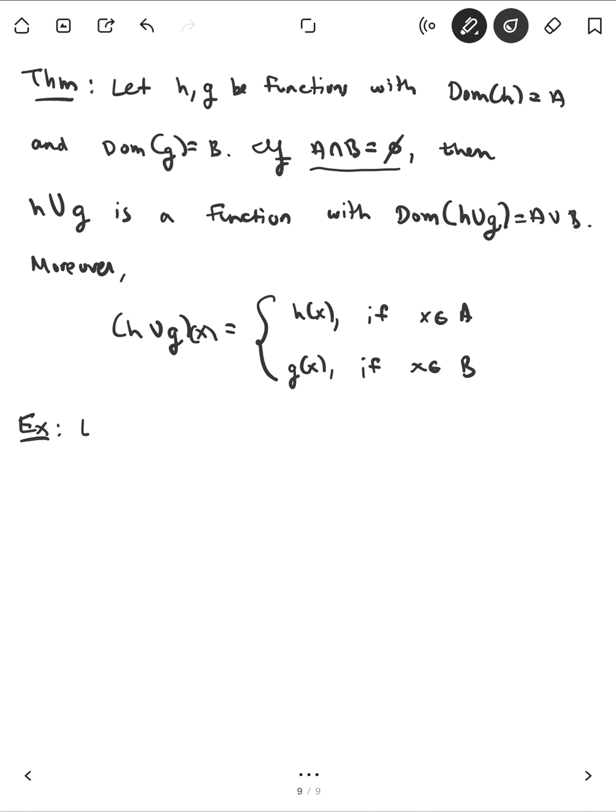Let h of x be x squared and g of x be 6 minus x. And we're going to take restrictions here, actually.